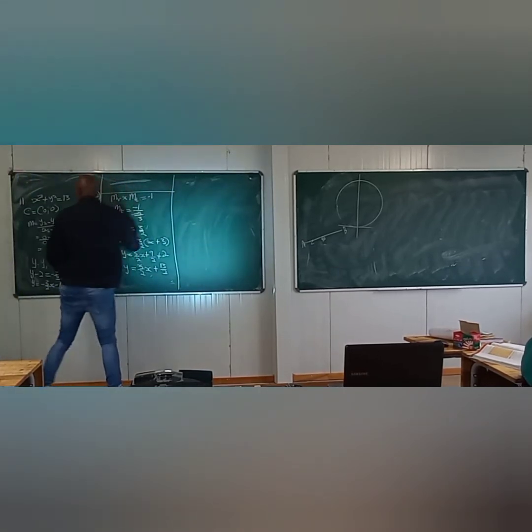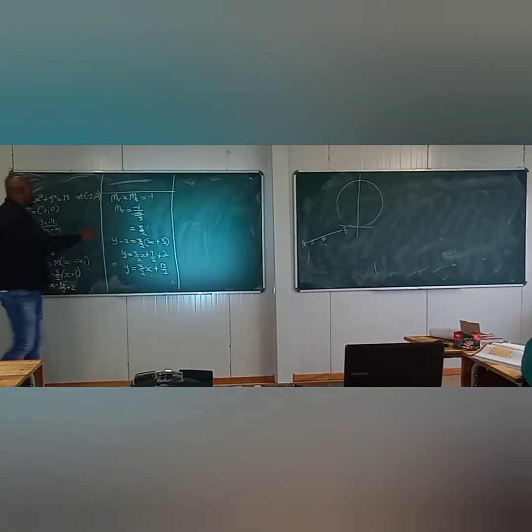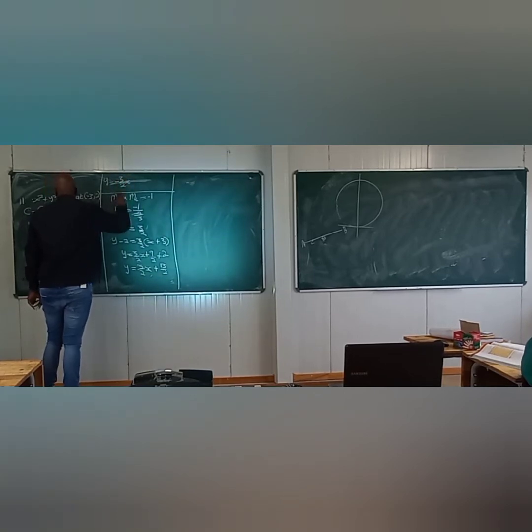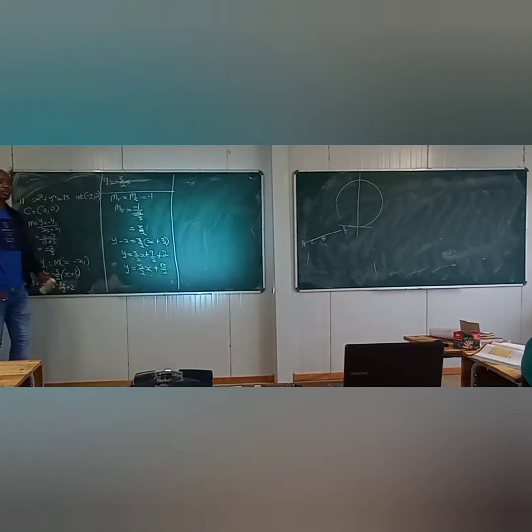So y equals minus 3 over 2 x, negative 9 over 2 plus 2.